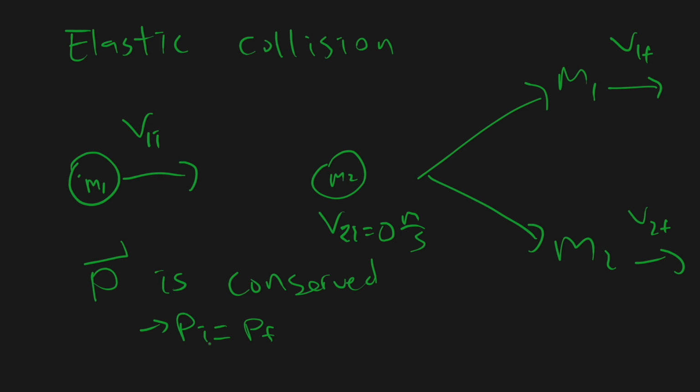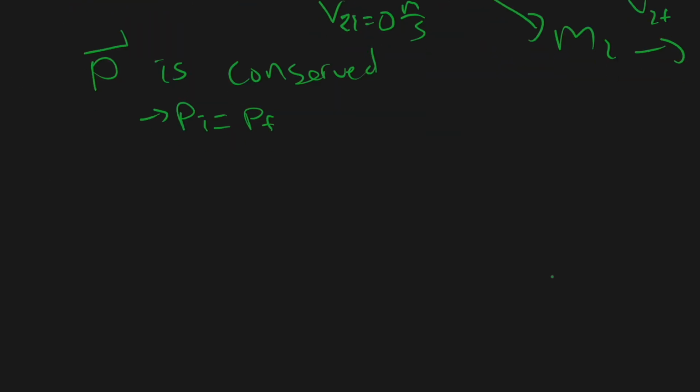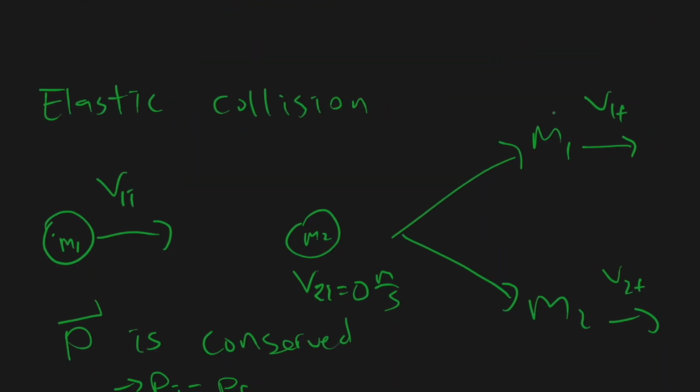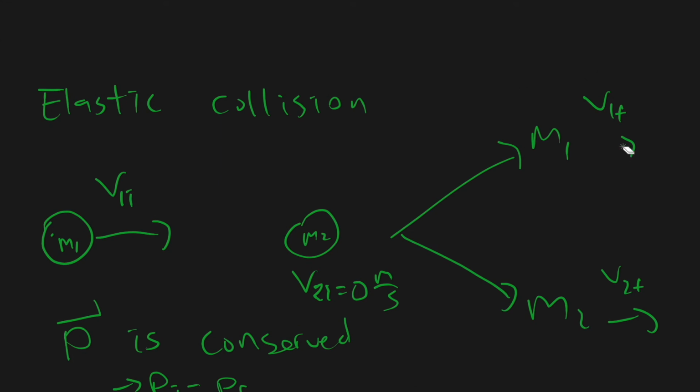So the equation now becomes something like this. Let me write this: initial momentum is equal to final momentum here. Let me redraw this picture. I actually should erase this 2 here.